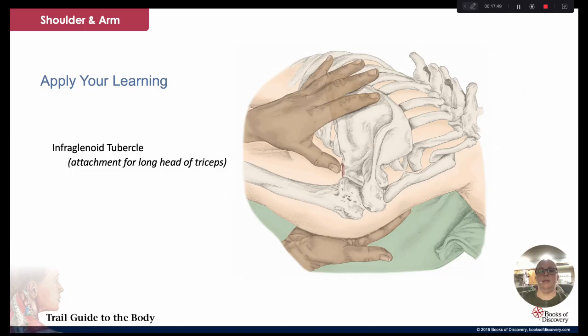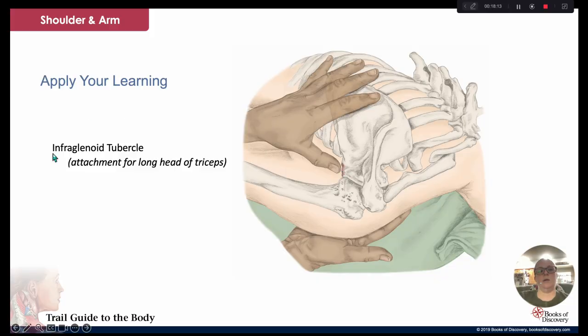All right. So this is the attachment for the long head of the triceps, back of the arm. If you were to palpate along the lateral border of your scapula, where it connects to the humerus, there's a little tiny tubercle called the infraglenoid tubercle.